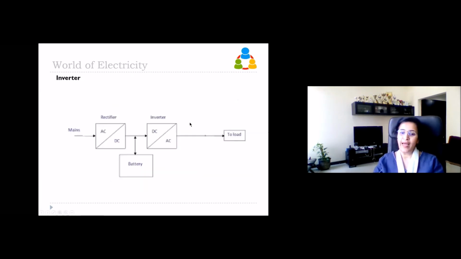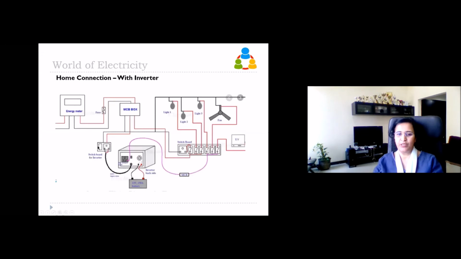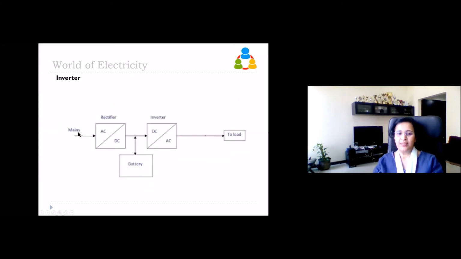Now let us see what happens inside an inverter. This is the supply which is coming. The battery, we said, has only DC. It can store only in DC form, direct current. But all our devices use AC current. So the inverter gets an AC supply.